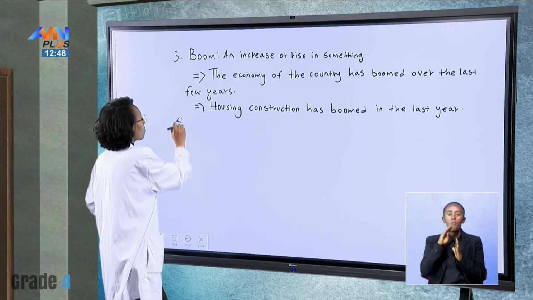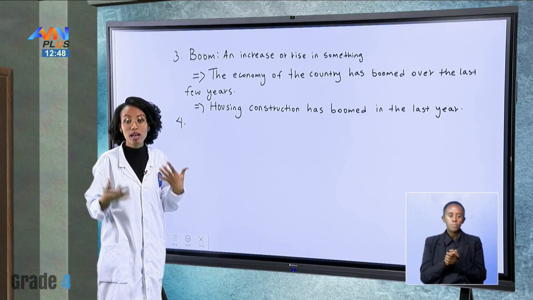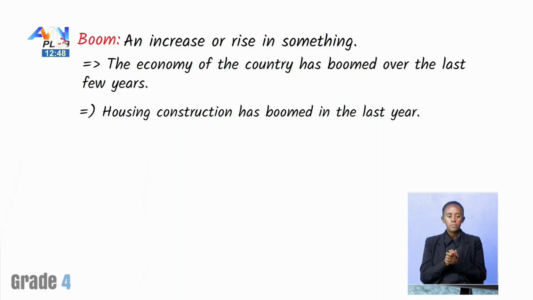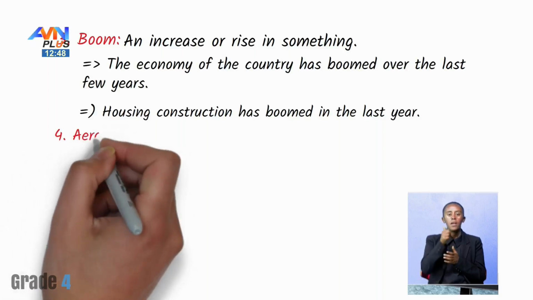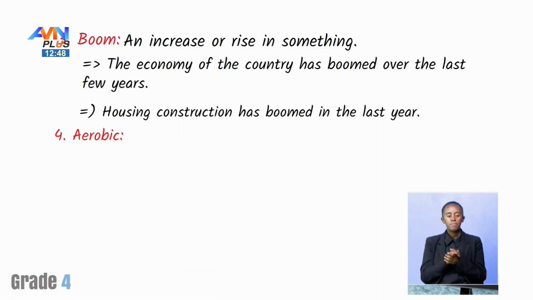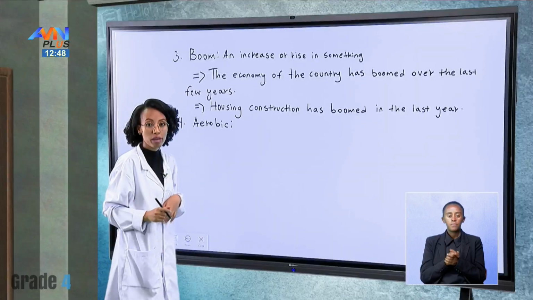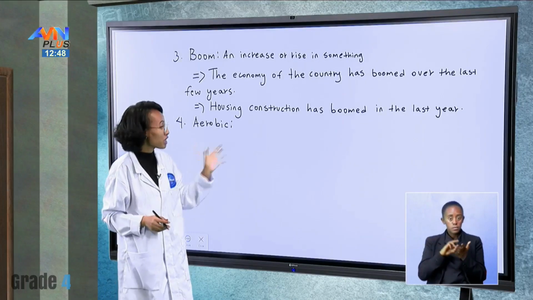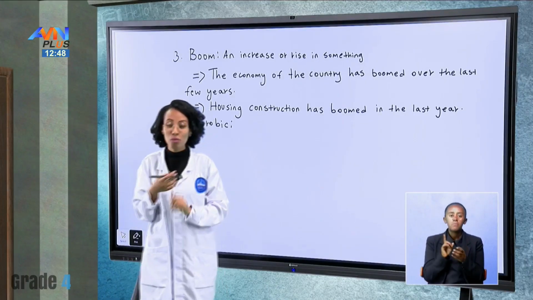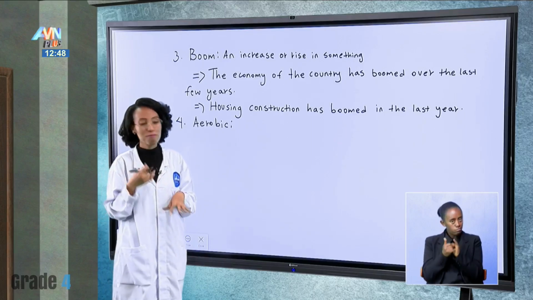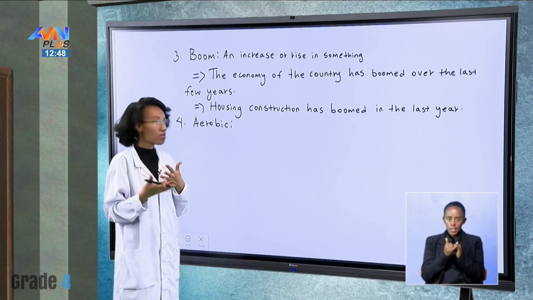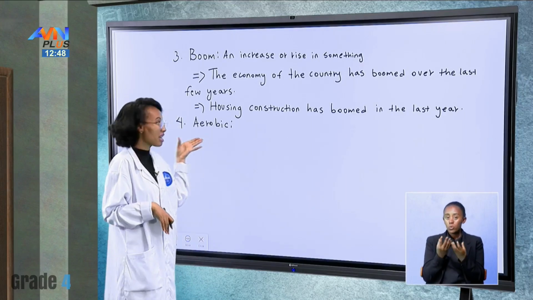What about number 4? If we said boom, what comes after is aerobic. This word is really associated with sports and fitness and also health, but mostly fitness and health.